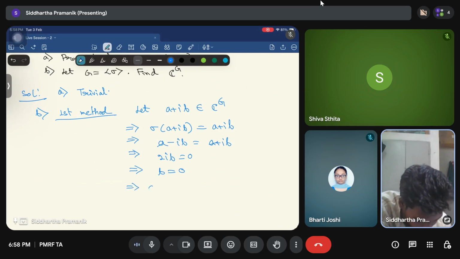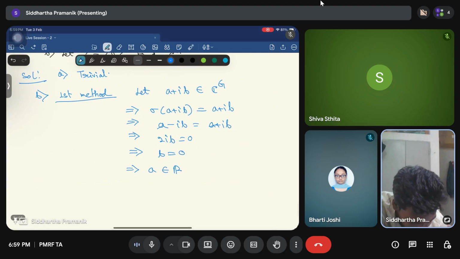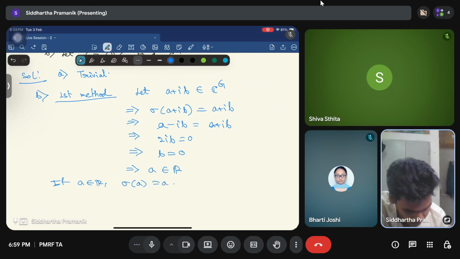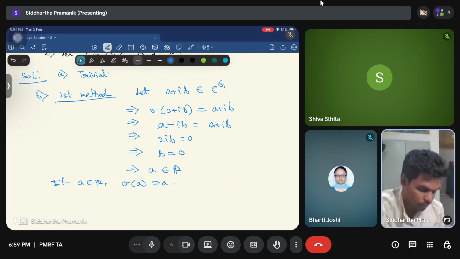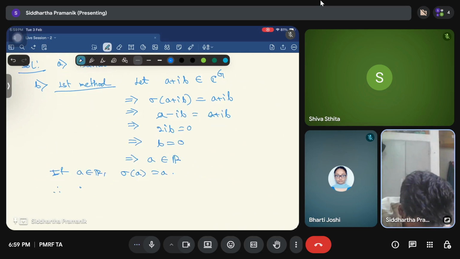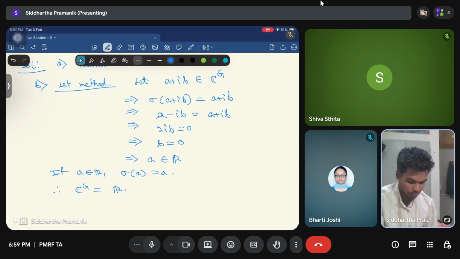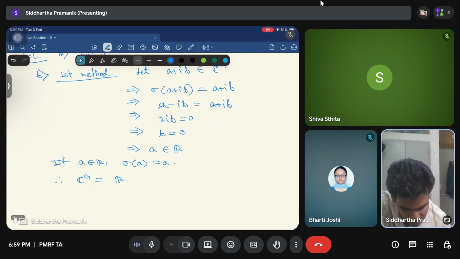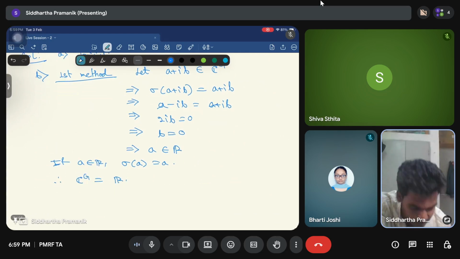So that means a has to be in R. And conversely, if a belongs to R, then definitely sigma fixes a, right? Because its conjugate is itself, it has no imaginary part. So the fixed field is R. So this is just simple checking.